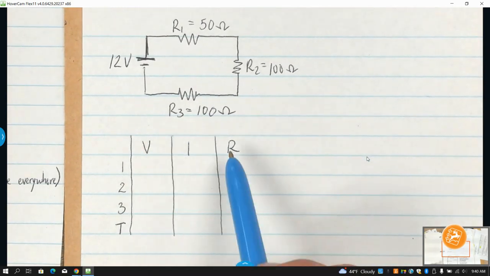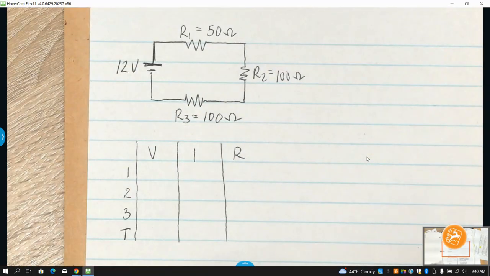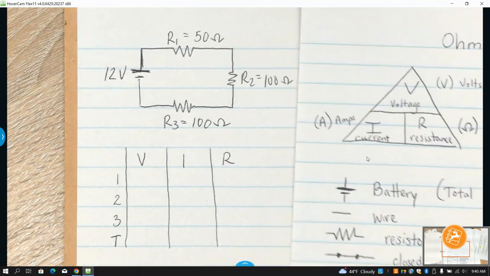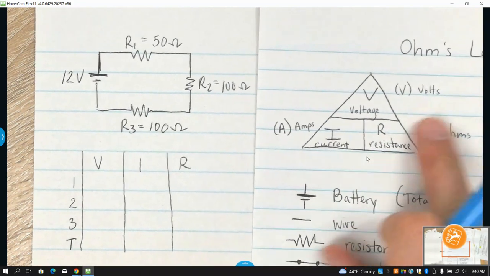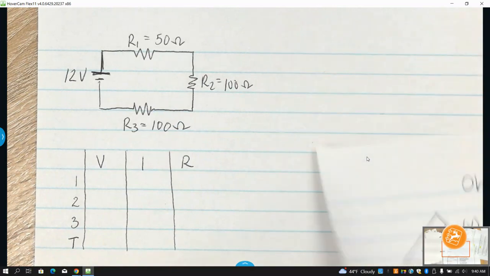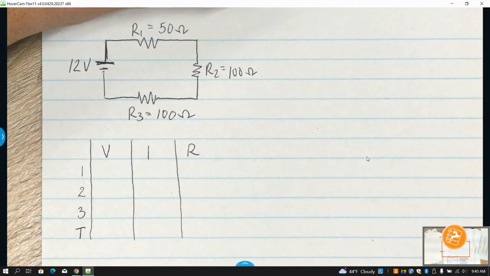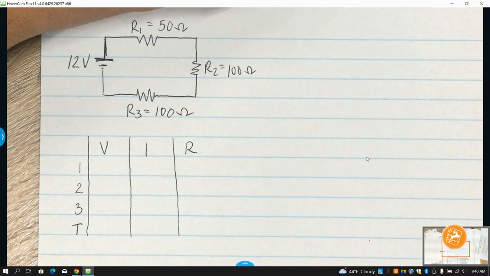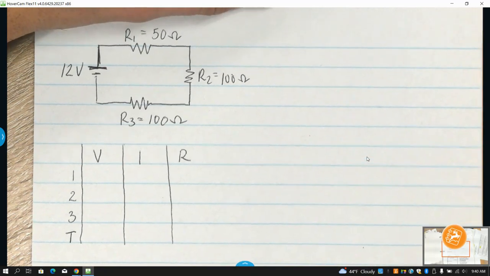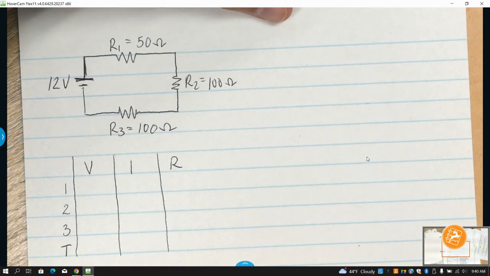Now, this is going to work in combination with your Ohm's Law triangle. In combination with this, you're going to be able to solve for all of these missing parts. In certain problems, they may ask you to solve for only one piece, but if you know how to do the whole thing, solving for one becomes pretty easy. The first thing I always suggest doing is writing in our given information.